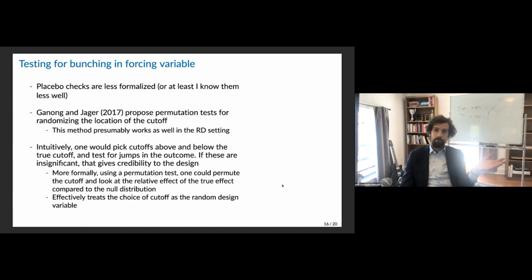So in this context, what we're doing is permuting where the threshold cutoff is and then saying, well, if there's no impact from thresholds, what would the underlying null distribution of thresholds look like? And where does our effect lie in this null distribution? Does it look like a statistically significant outlier?